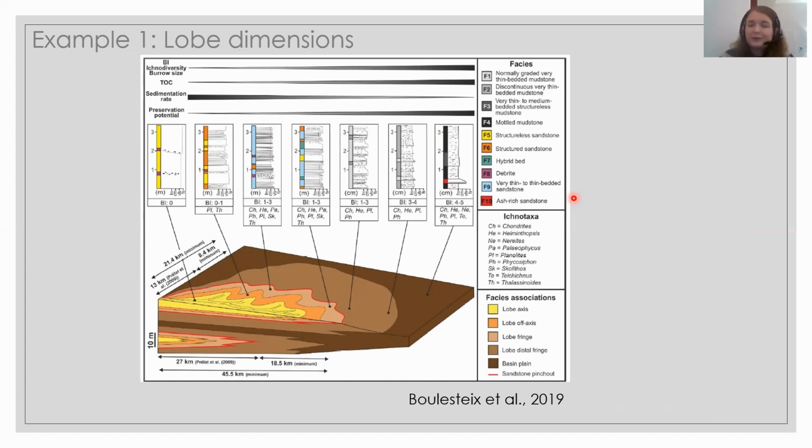And they couldn't quite follow them until they pinched out, but they could already say that there was at least another 18 kilometers that has to be added to the previously thought pinch-out of the overall lobe deposits in a system that he's researched in South Africa.